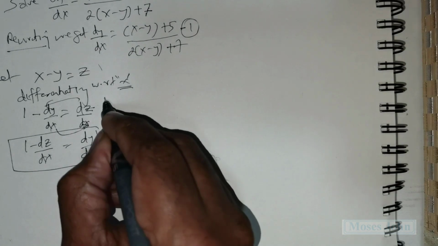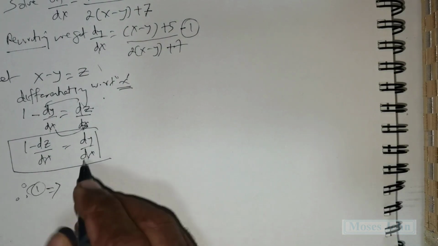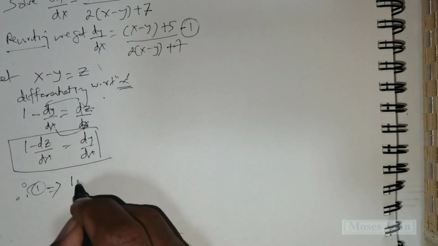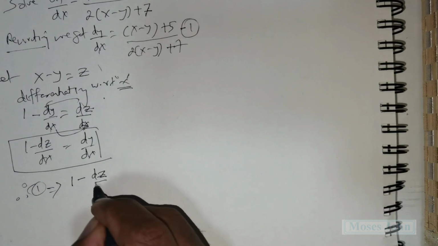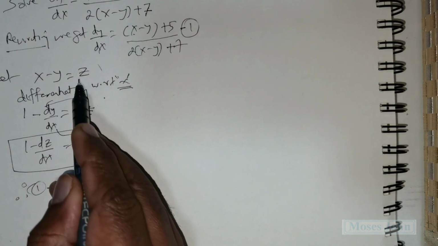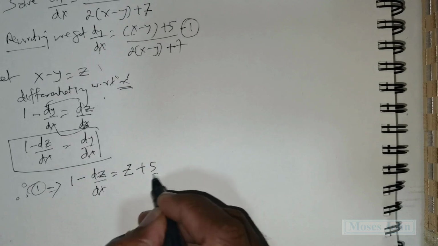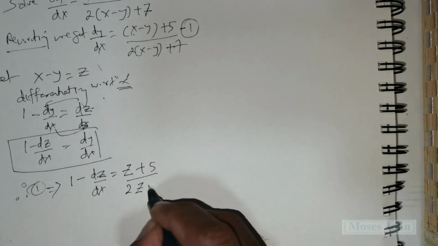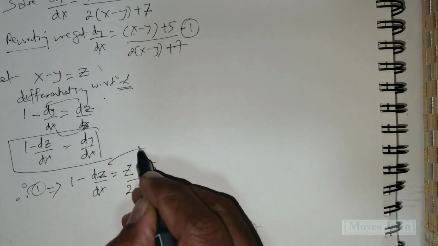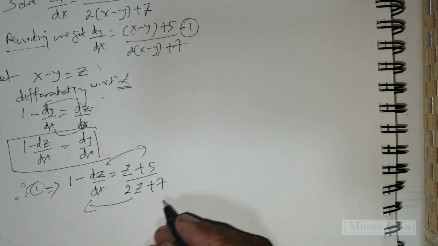So therefore, equation 1 would now be rewritten as: in place of dy/dx, I substitute 1 − dz/dx, equal to (z + 5) / (2(z + 7)), since x − y is taken as z. Now move dz/dx to the right and move this quantity to the left.